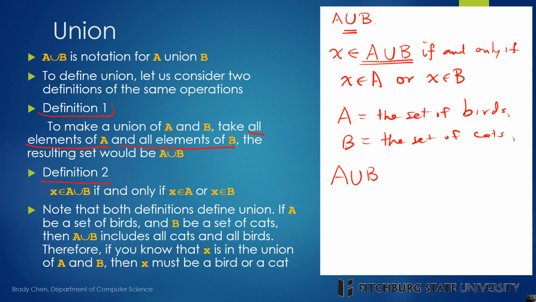Based on definition 1, the set is the set of birds or cats, right? So that's the definition of union. That's the example of how we can combine two sets together and create the union of these two sets.